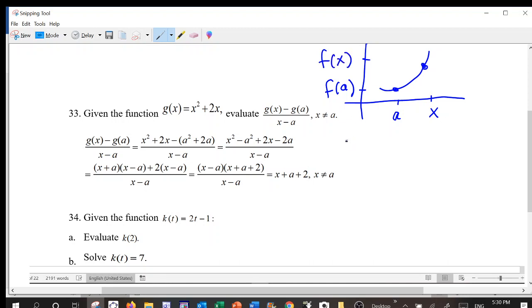So now we can write that the slope of the secant, which is this line that goes through these points, is y2 minus y1, which is f of x minus f of a divided by x minus a. See, x2 minus x1.